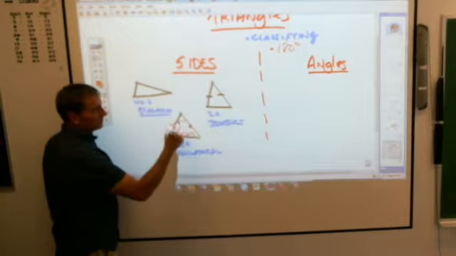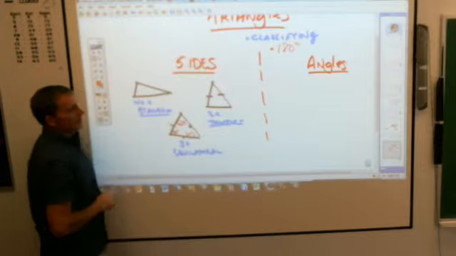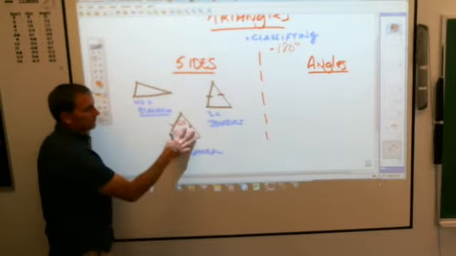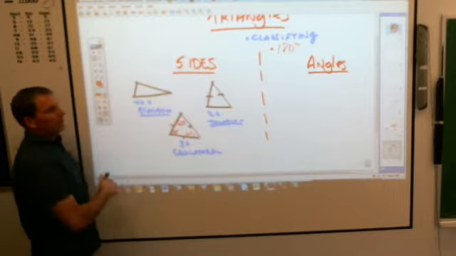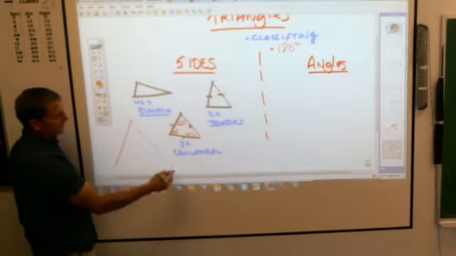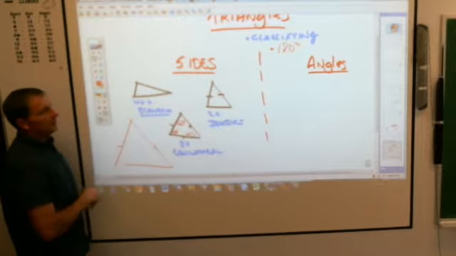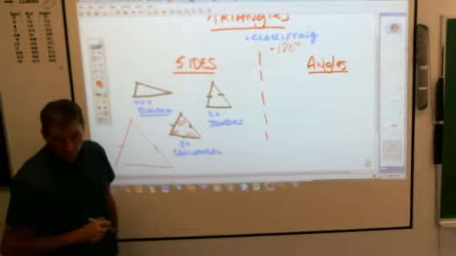There's no other way to draw an equilateral triangle than to have 60 degrees for each one of those angles, because it has to add up to 180 degrees. No matter how big my triangle is, if it was this big, and these sides are all equal, this will still be 60 degrees.